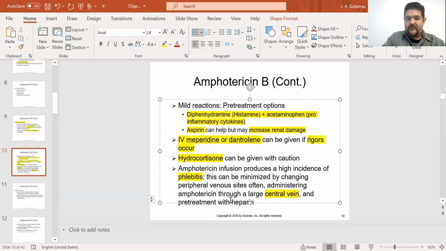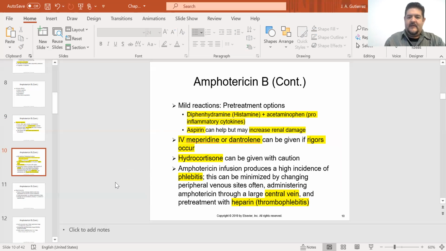And we have to provide heparin. If we don't do this, there's a chance of having thrombophlebitis, and now we have a blood clot in a big vein. And remember, veins go to the heart, so this can kill a patient.